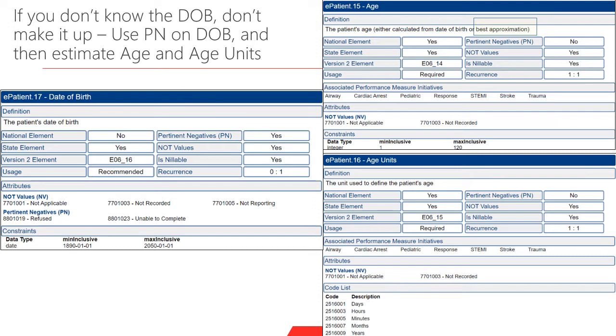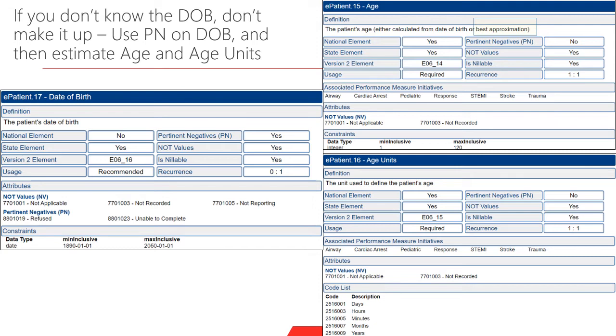Well, we have some validation rules that depend on you having either the date of birth or age and age units. If you know the patient's date of birth, then use the patient's date of birth. But if you don't know it, use one of the pertinent negatives, such as unable to complete or refused.